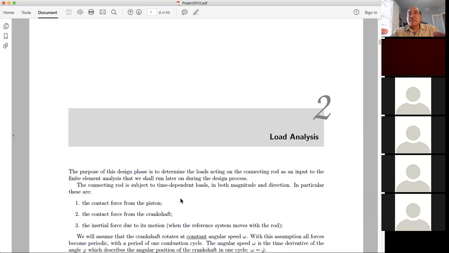When the connecting rod is a beam, it will have a load in the form of moments and axial forces, and it will be considered as a beam column. The column has axial forces, beam has transverse forces. Once we do this, we are able to roughly get an idea about the size and the geometry as if it is a beam.